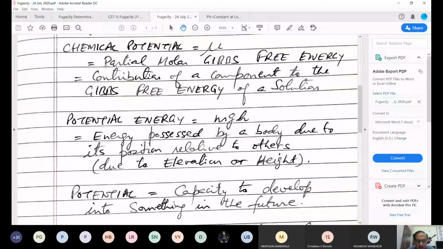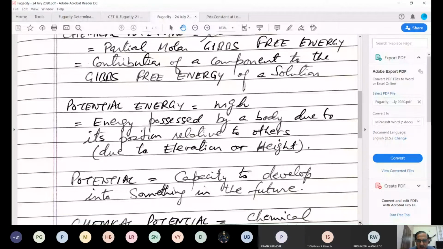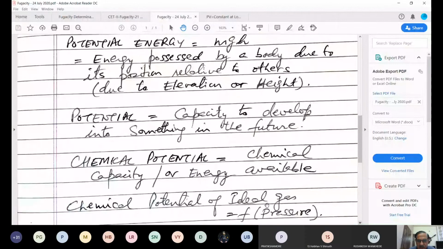So what is the potential for chemical transformation? And that is what we call chemical potential. Okay, did the analogy make sense? Yes, sir.